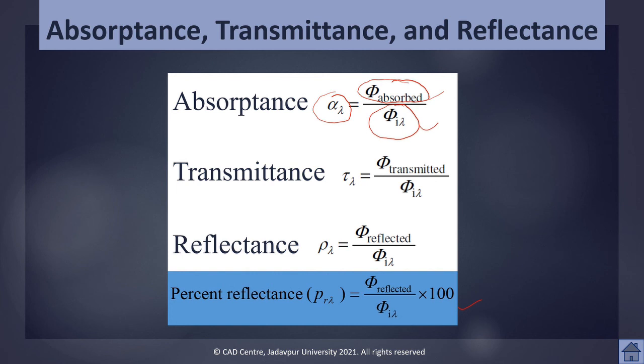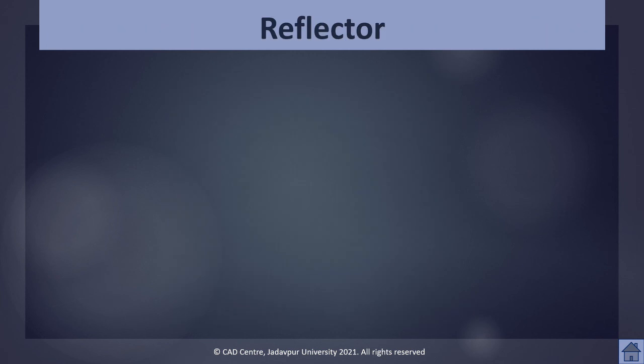The amount and properties of reflection will depend on the wavelength of the energy and the material and condition of the surface. Surface of the material plays a vital role in this case, and it needs to be discussed elaborately.